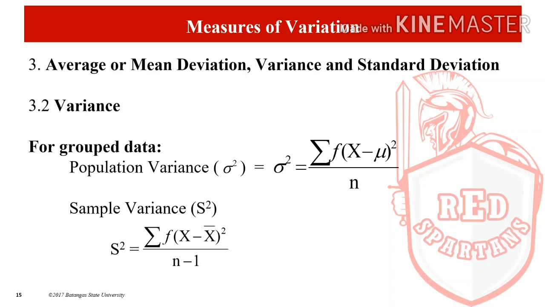Input mo lang sa calculator, then kapag standard deviation ang hinahanap, automatic yung nasa calculator, yun na yung sagot. Kapag variance naman, i-square mo lang yung standard deviation, kasi ang square root ng variance ay equal to standard deviation. Yun lang yung technique natin sa calculator.